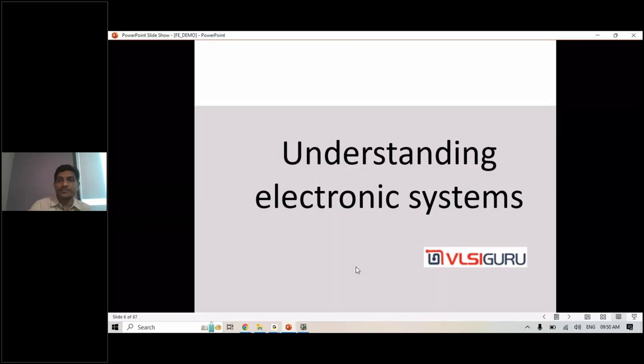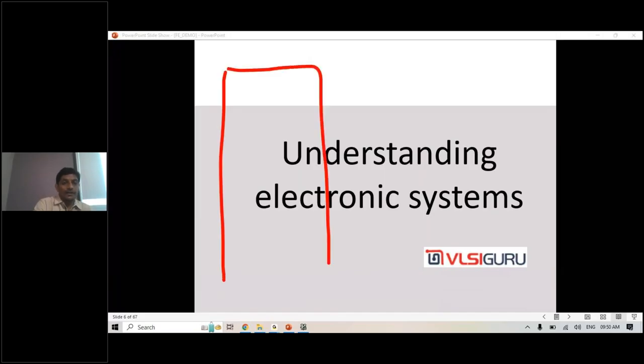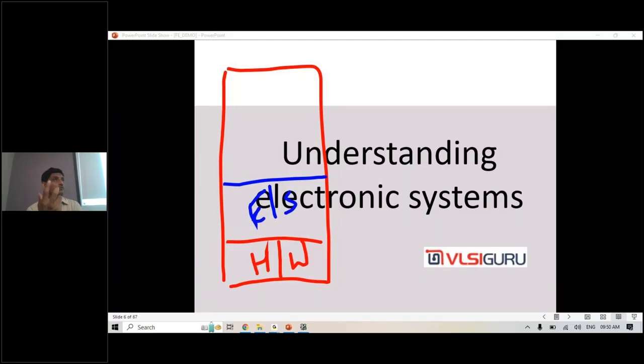So we can essentially think of an electronic system as having four layers. The first layer is the hardware, the one you see. Above hardware, you have embedded systems, that is, the firmware and drivers.